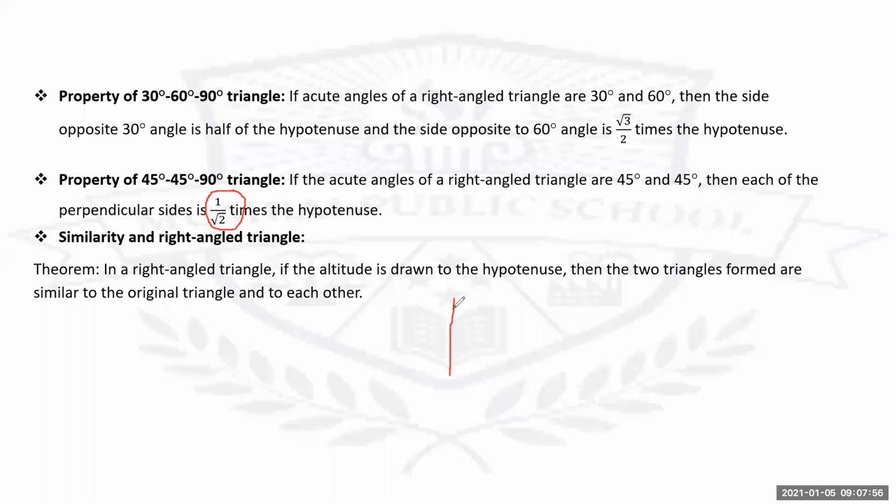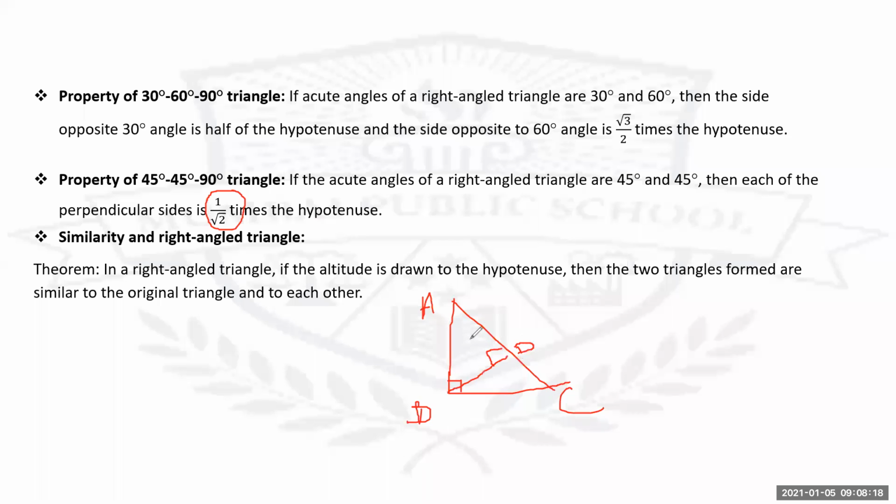See, suppose this is a right angle triangle, say A, B, and C, and I'm drawing a perpendicular, or the altitude, drawn to the hypotenuse.